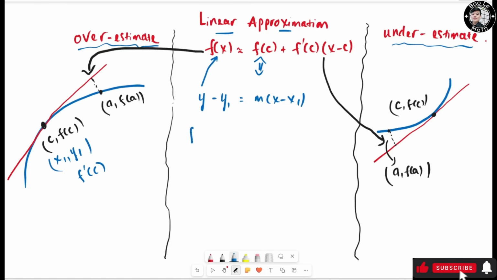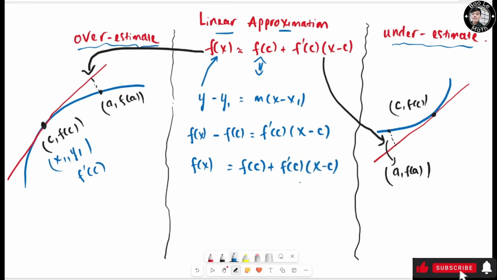So we have f of s minus y1, which means f of c, equals f prime of c times s minus c. So I'm going to add f of c to both sides, so I have f of s equals f of c plus f prime of c times s minus c. That's why I get this formula right here.